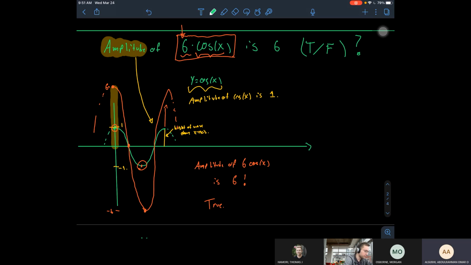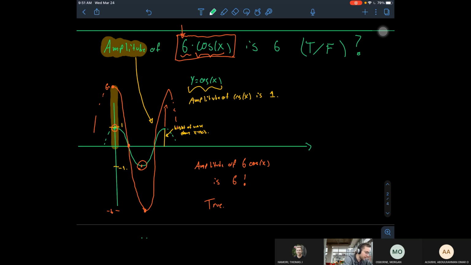Okay, well, pretty much all of these problems can be viewed as transformations. That is the basis of these functions.